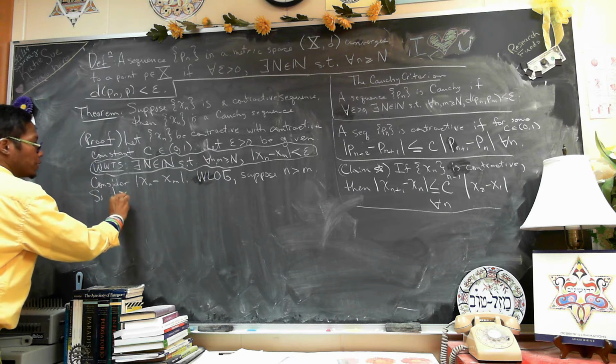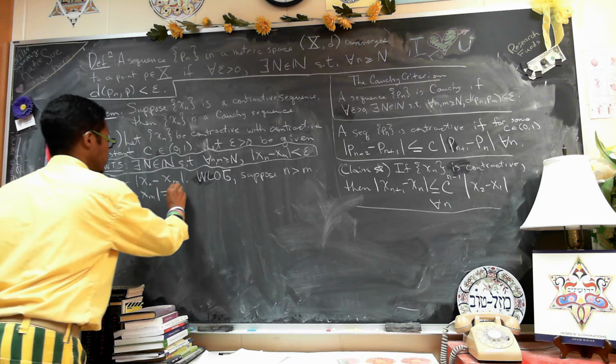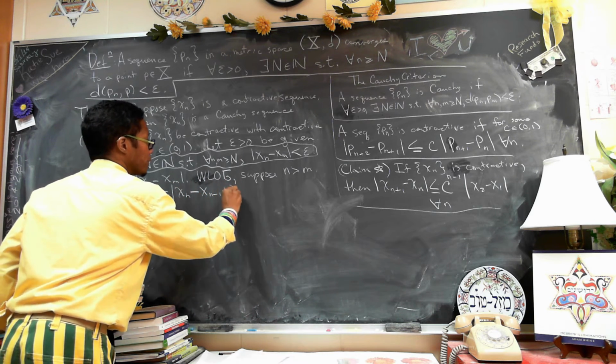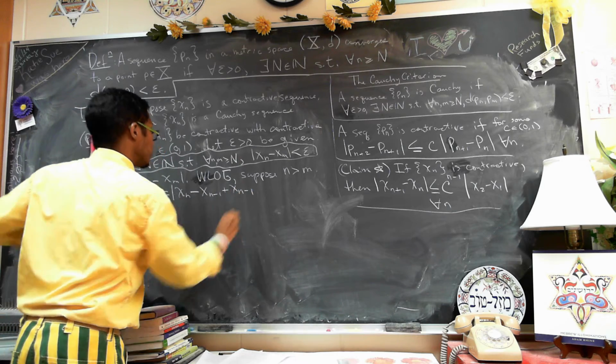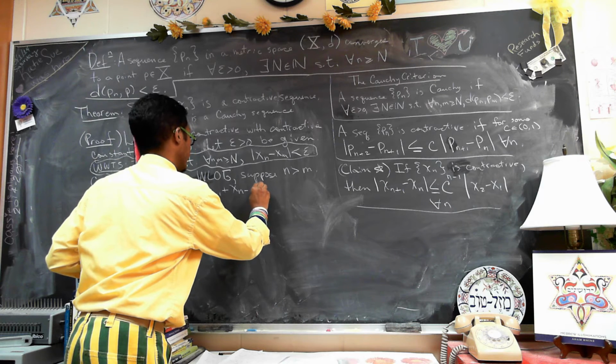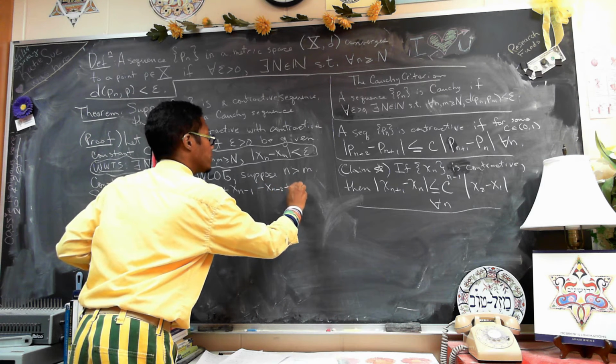So x sub n minus x sub m is equal to x sub n minus x sub n minus 1 plus x sub n minus 1. So I'm just adding 0 in a weird way there. And I'm going to do the same again. Minus x sub n minus 2 plus x sub n minus 2.